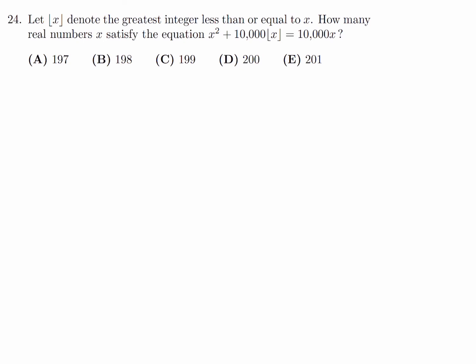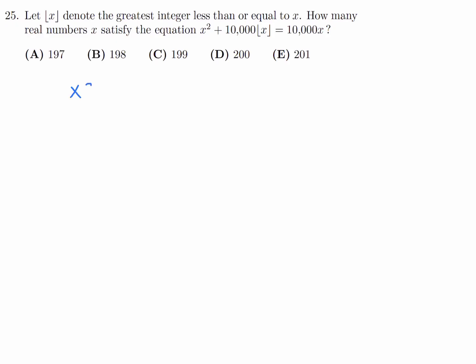Let the bracket x denote the greatest integer less than or equal to x. How many real numbers x satisfy the equation x squared plus 10,000 times the bracket x is equal to 10,000x? So we have x squared plus 10,000 bracket x is equal to 10,000x.